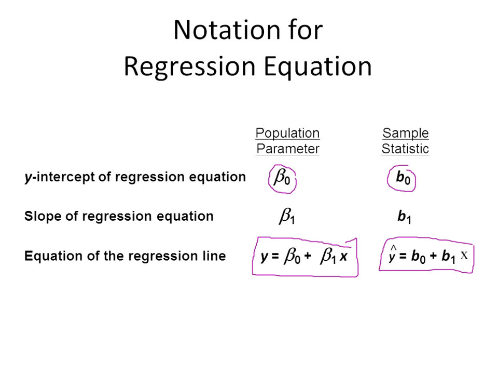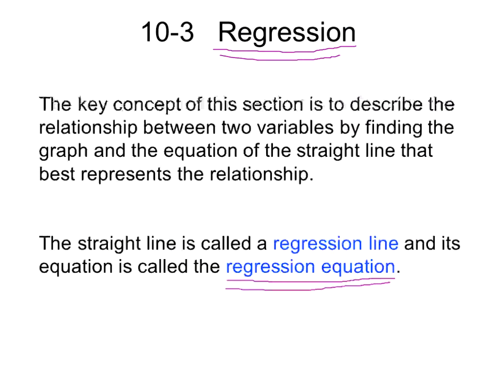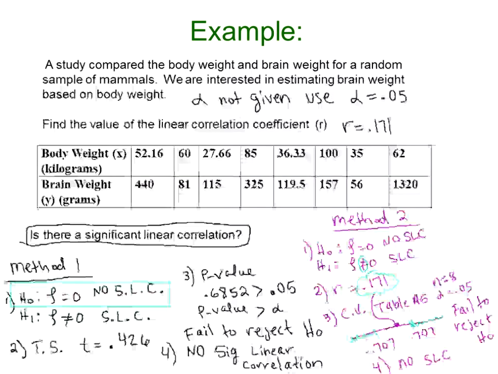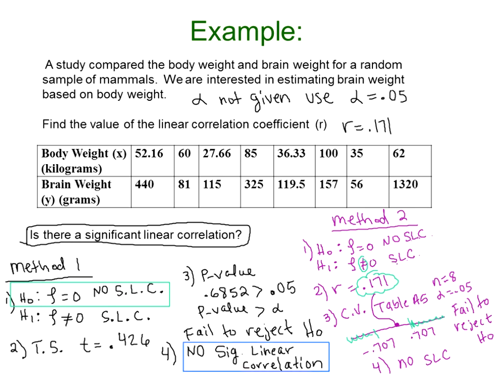We had to do that formal hypothesis test. There it was. We went through our formal hypothesis test to find out if there was a significant linear correlation, and we saw that there is no significant linear correlation.